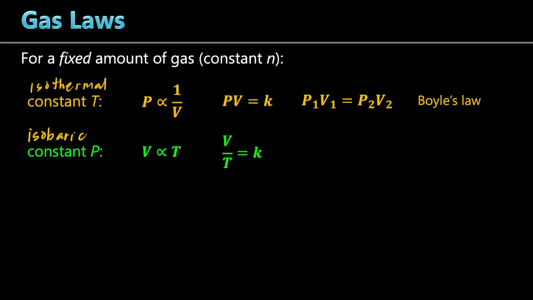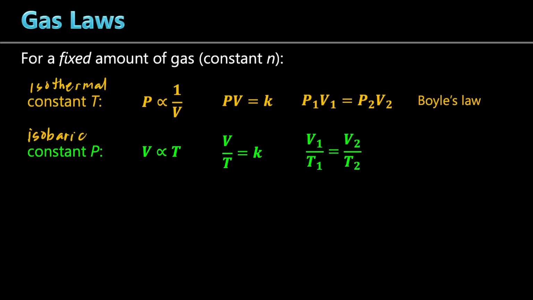No? So this tells us that if the pressure of the gas is held constant, then the ratio of the volume to the temperature of the gas does not change. And once again, if we have two conditions, 1 and 2, then we can use ratio and proportion. V1 over T1 equals V2 over T2.